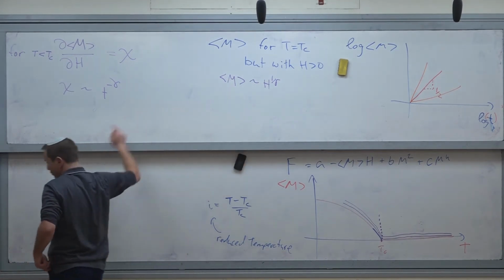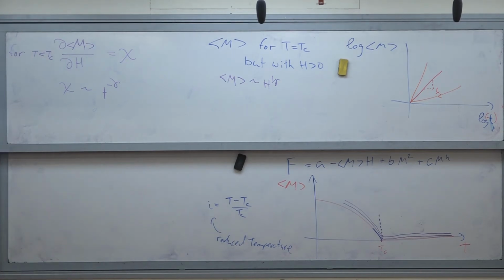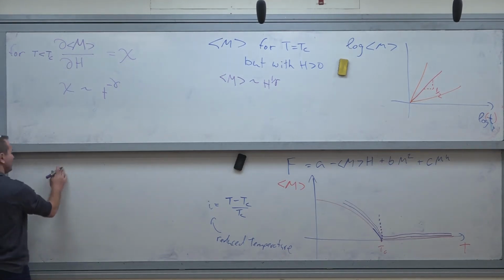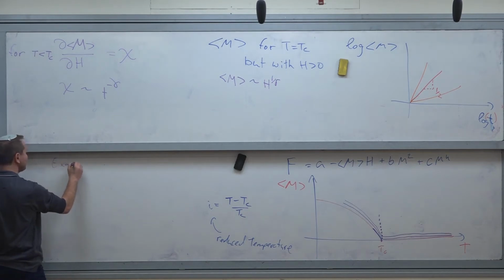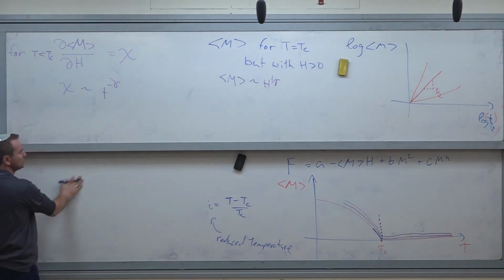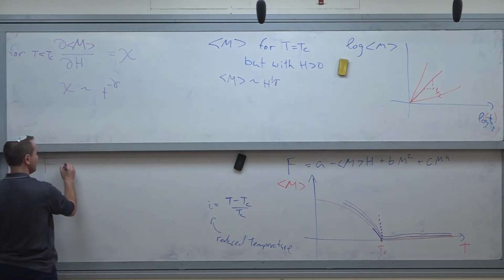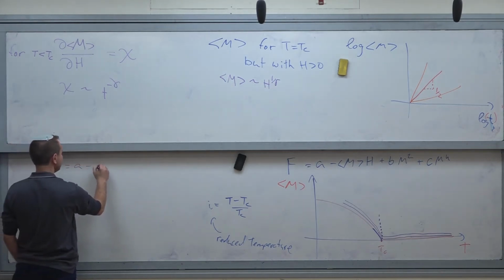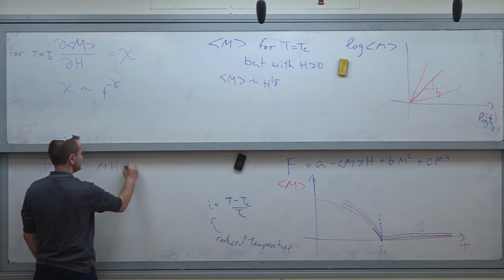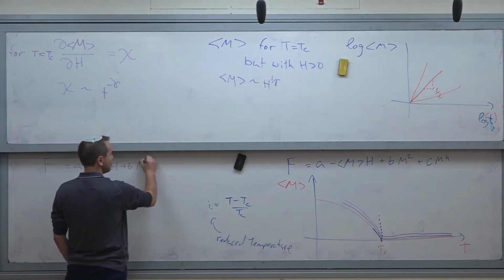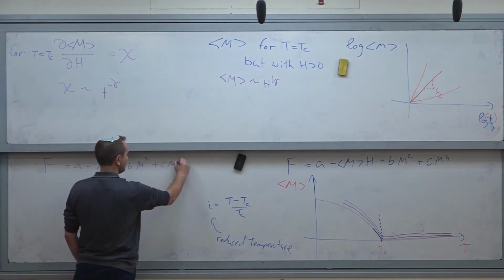Let's concentrate on delta and ask the following question. We can start with our free energy. Let's write it again, it's written over there. So F equals A minus mH plus B m squared plus C m to the fourth.